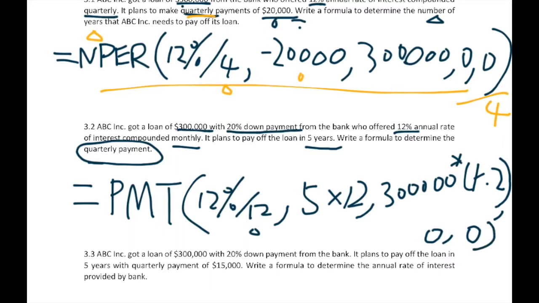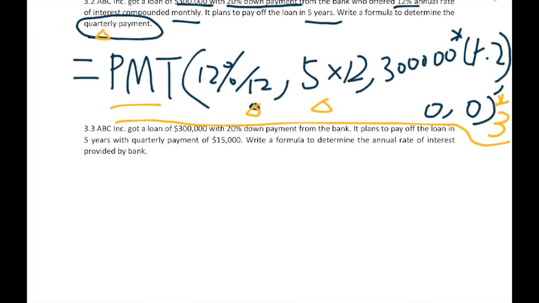But you want to notice that it asks for the quarterly payment, while here we are working in months. So this means every month how much you pay. At the end, if you want the quarterly payment, we should multiply by 3, since every quarter has 3 months. So the PMT function times 3 will be the answer to this question.